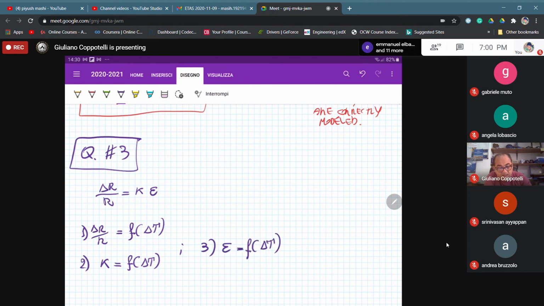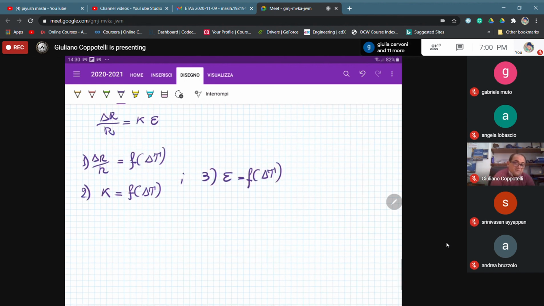So you have to discuss these three effects. We already discussed them. And maybe you can end up with the compensating plot, in which we have the T, in which we have the apparent strain. Something like that.